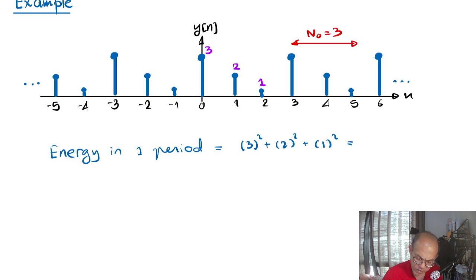That is 14. This is the energy of one period. So the power of y is the energy in one period, 14, divided by the period, which is 3 samples. So the power of this signal y is 4.67. Okay, so power is the energy of one period divided by the period.